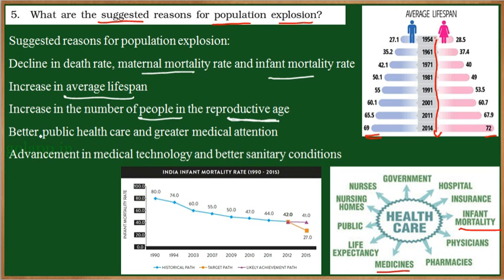The next two points are interrelated. One is better public health care and greater medical attention. The other one is advancement in medical technology and better sanitary conditions. So as science and technology has advanced, people are aware of how to improve their health.